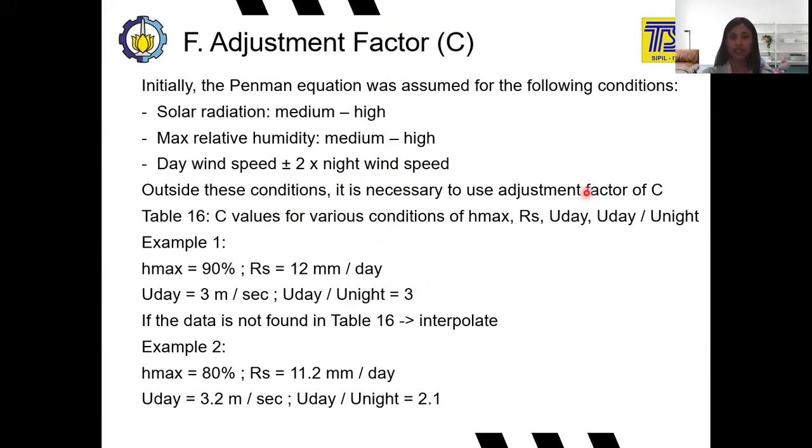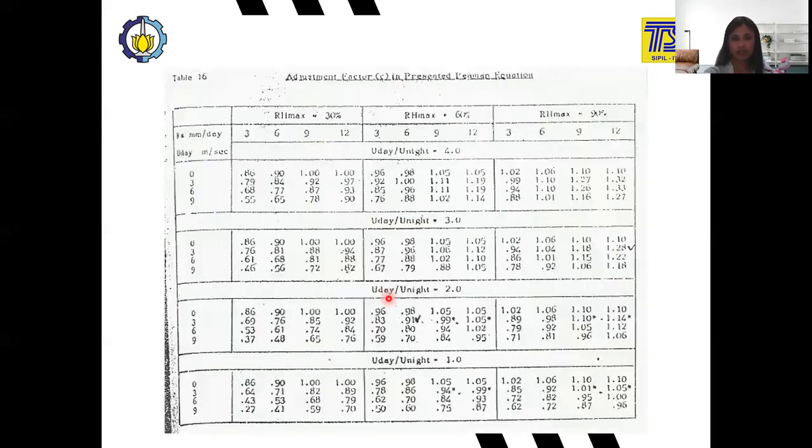So we will need this adjustment factor, which is shown in table number 16. This is table number 16.